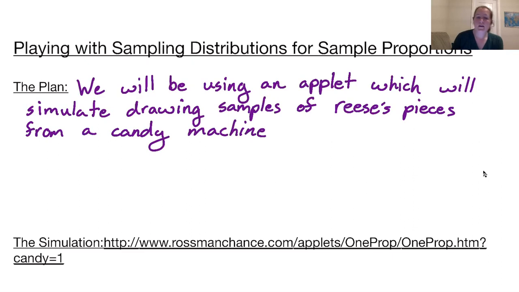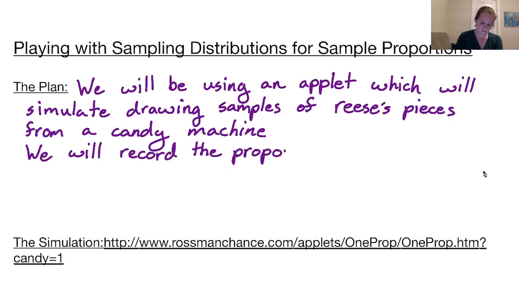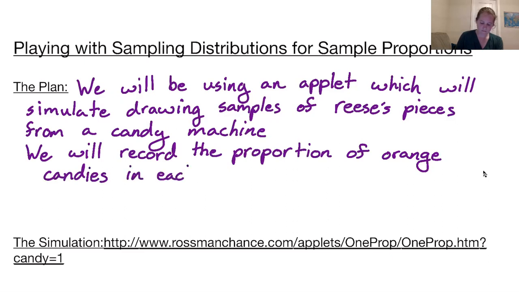We will record the proportion of orange candies in the sample, and then we will look at the distribution of all of those sample proportions.